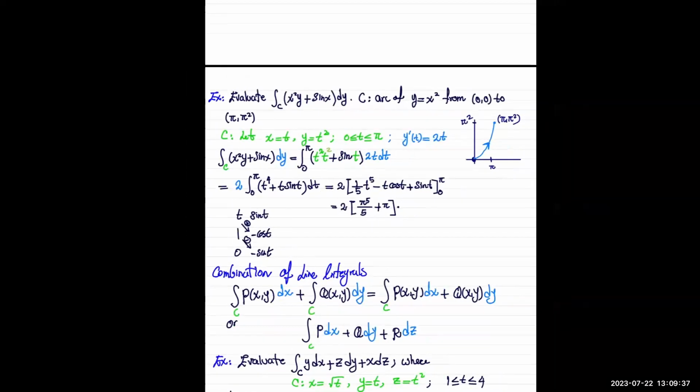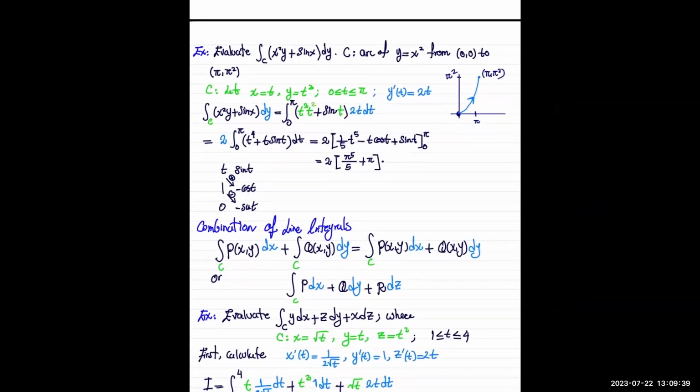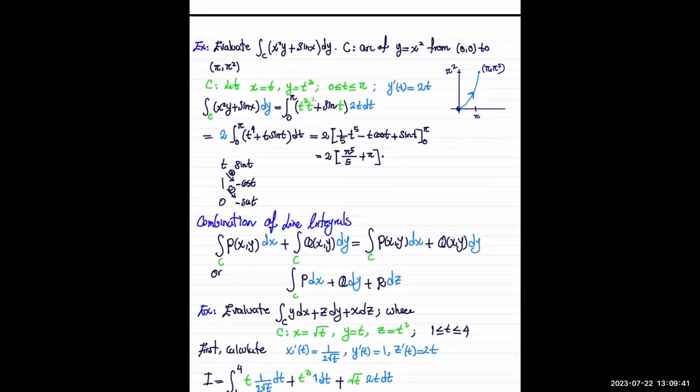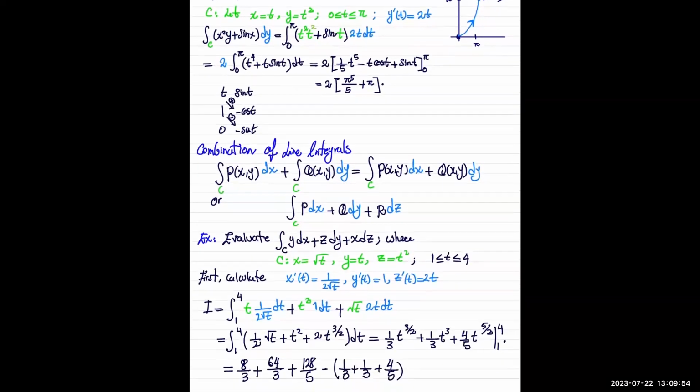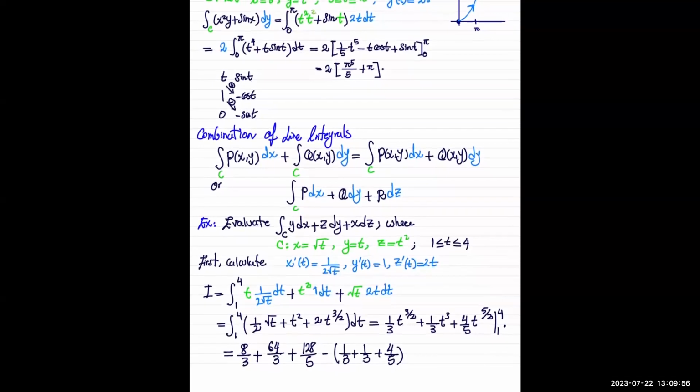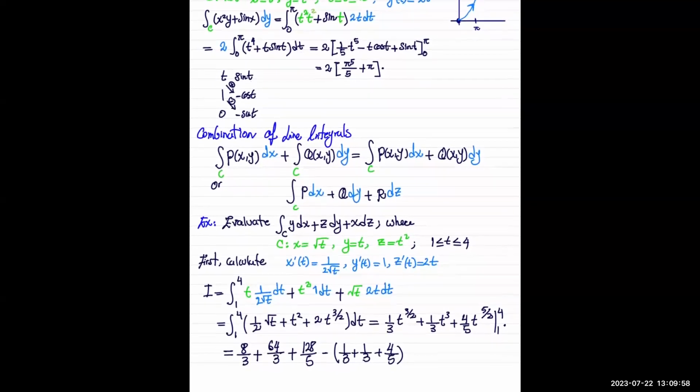All right. So finally, we are going to have to, for valid reasons, look at a combination of line integrals. This idea is very, very important. A combination of line integrals. Well, what is that?